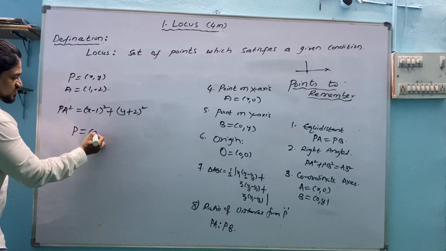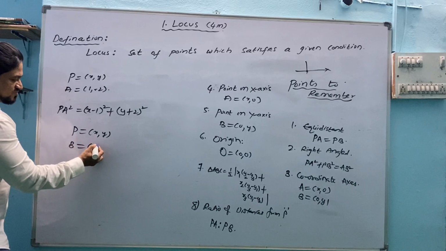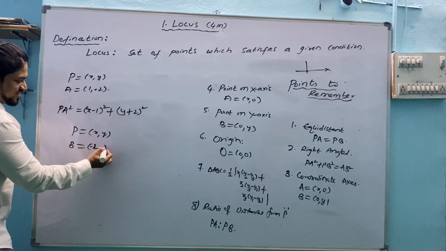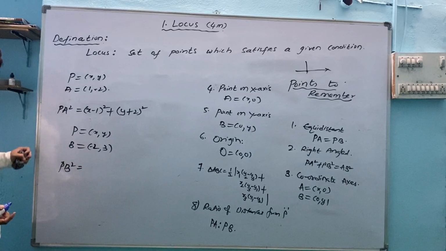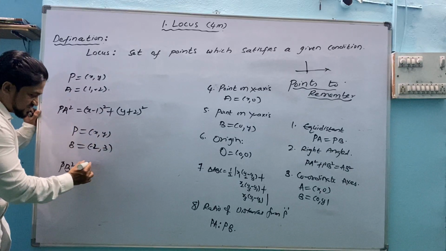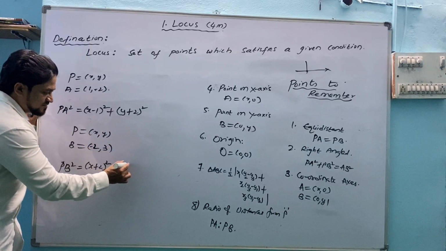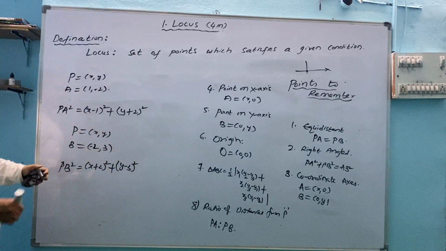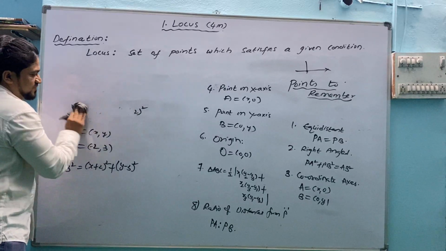Suppose P is x comma y and B is minus 2 comma 3. If I want PB square, what do we have to do? First minus first, x minus of minus 2, plus 2 whole square, plus second minus second. In this way you have to remember. One more time I will tell you this, then we will start the unit.